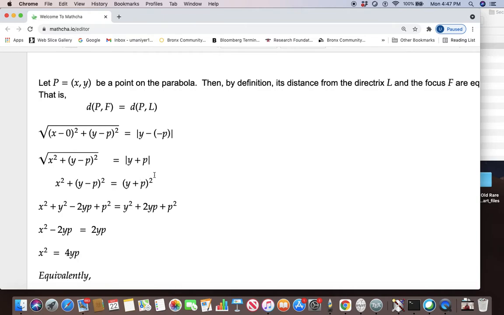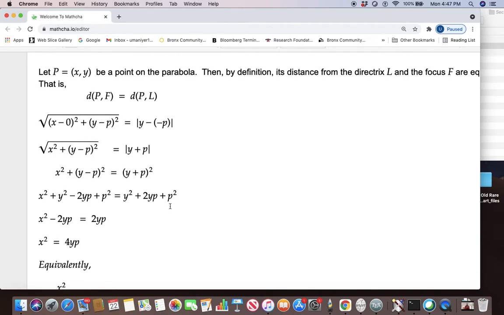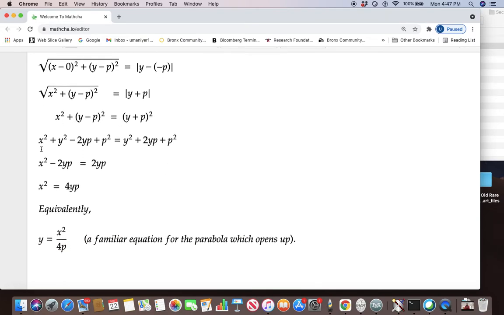Open the squares, complete squares. x squared plus y squared minus 2yp plus p squared. That was the complete square formula. Here, y squared plus 2yp plus p squared. Now, on the left, x squared minus 2yp survives because y squared and p squared can be cancelled. On the right hand side only 2yp survives.